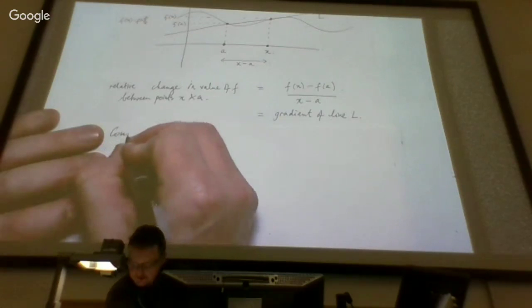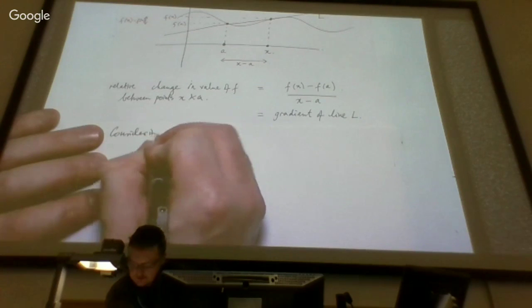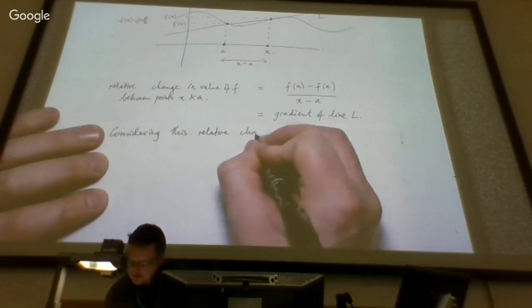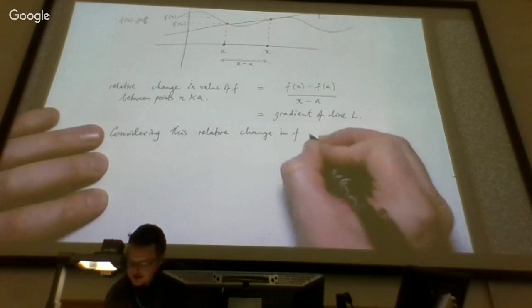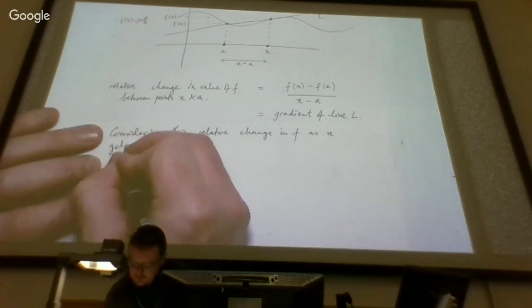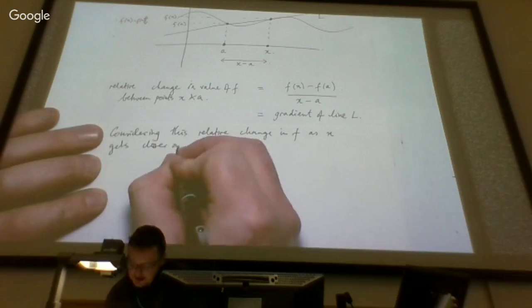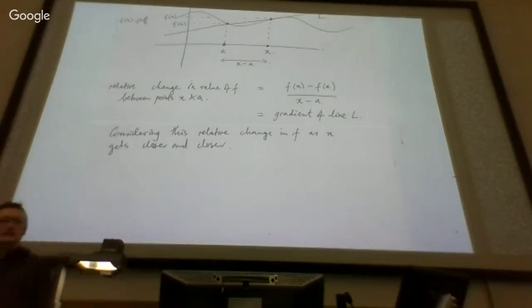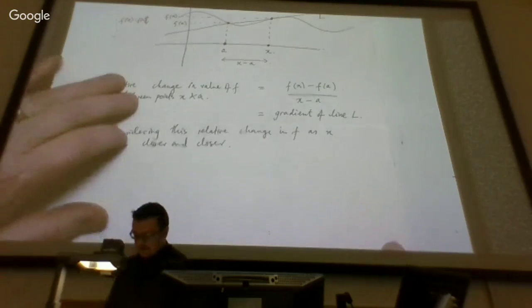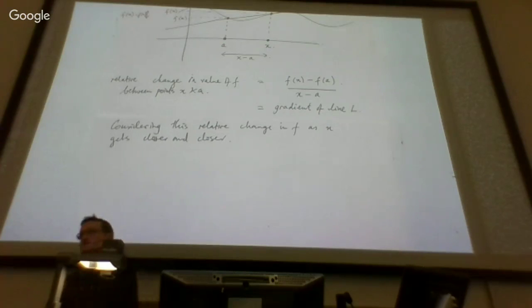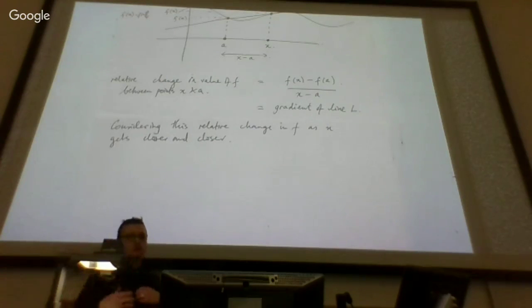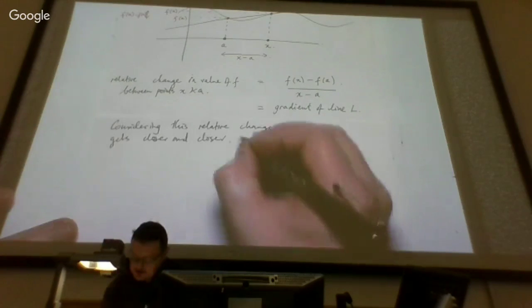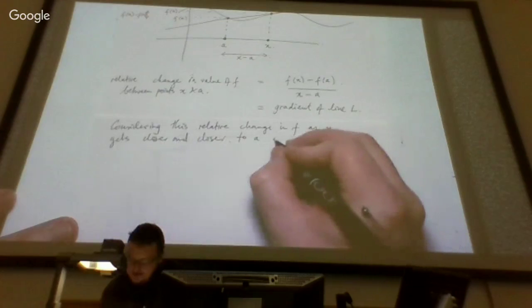So considering this relative change in f as x gets closer and closer, which reminds us of the phrase we used to describe this idea of convergence before we met the formal definitions involving epsilons, points and sequences, and deltas and so on. So we consider this relative change in f as x gets closer and closer to a. Considering this gives us the definition of the derivative.